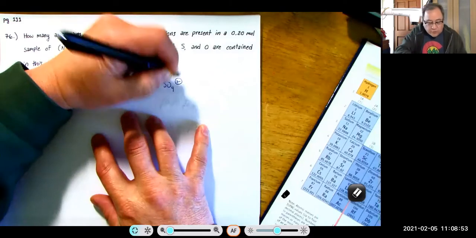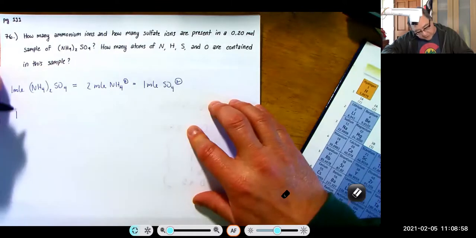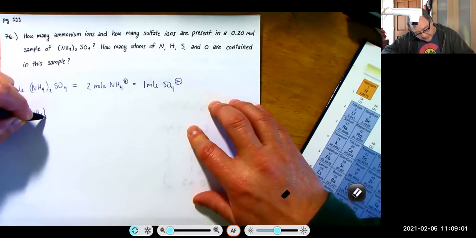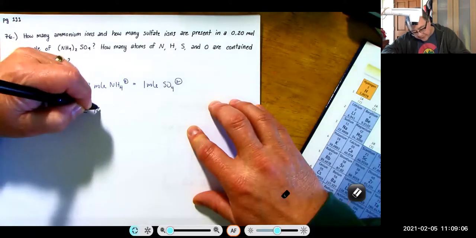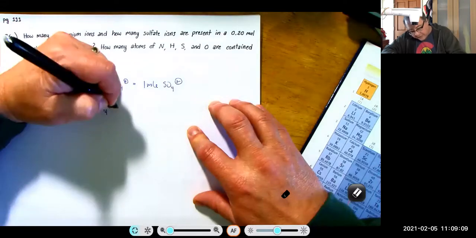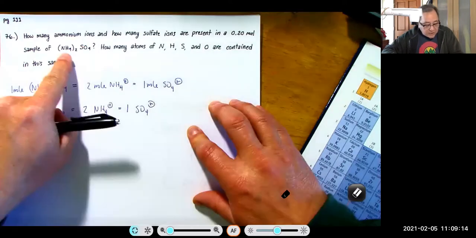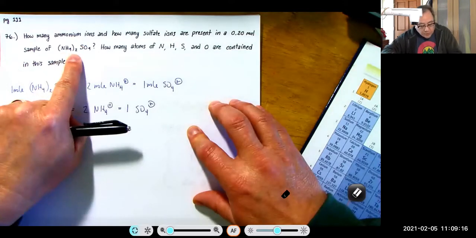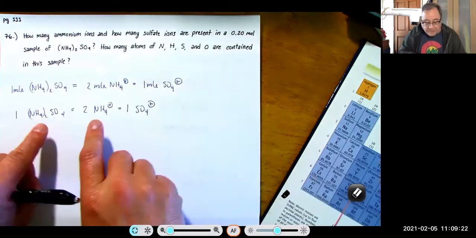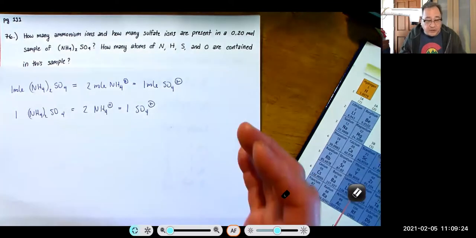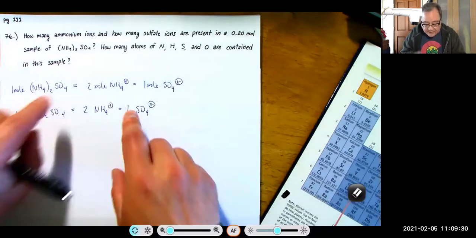So we can think of this formula as not just being 1 ammonium sulfate, it is equal to 2 ammoniums and 1 sulfate. We can actually treat this as a ratio. This is not 2 ammoniums, it's 2 moles of ammonium. So does everyone understand? What I have below and what I have above are the exact same thing. They're just ratios of atoms. And since the formula is counted, these are defined.